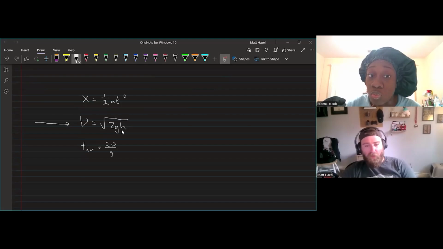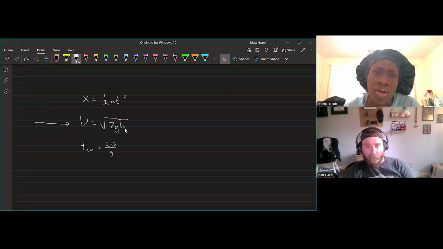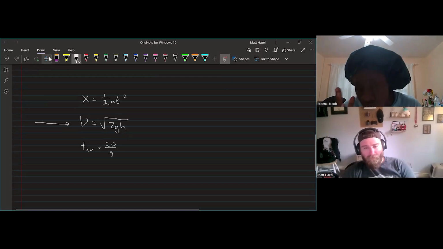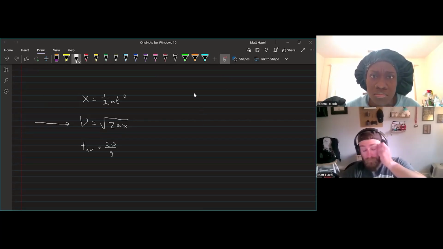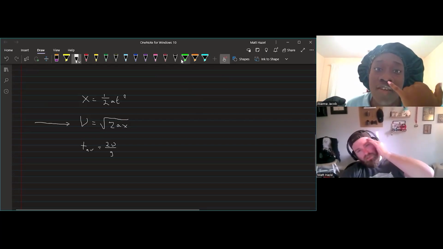That H is height. Hold on, I'm trying to debunk your three equations. So what do I do when I have a final and initial velocity? Take the average, or subtract them. You can use VF minus VI.